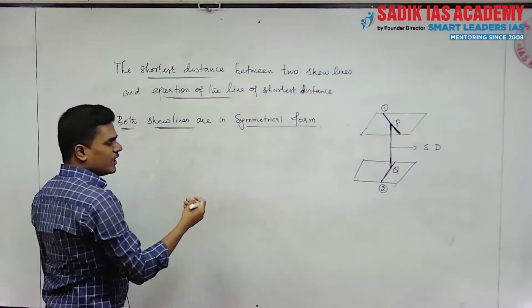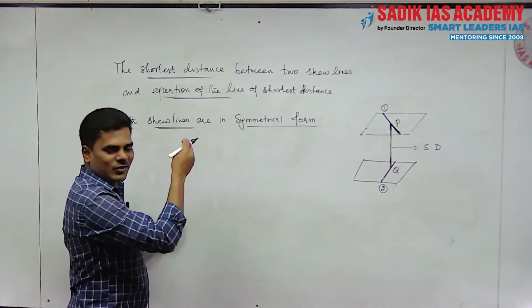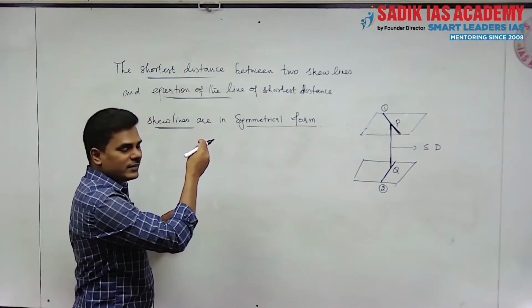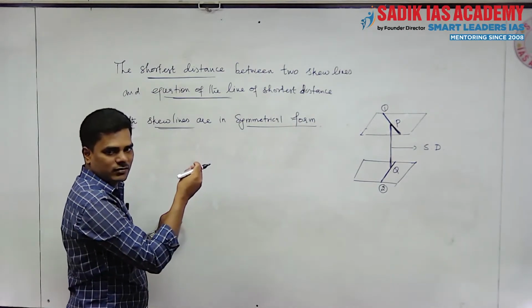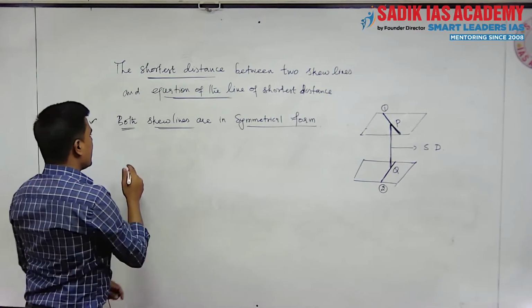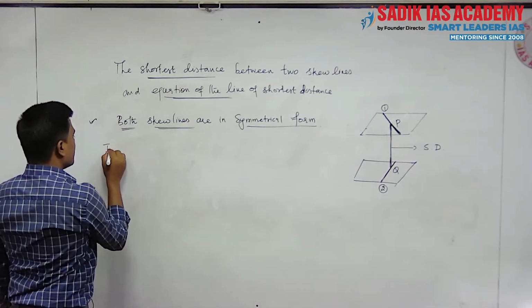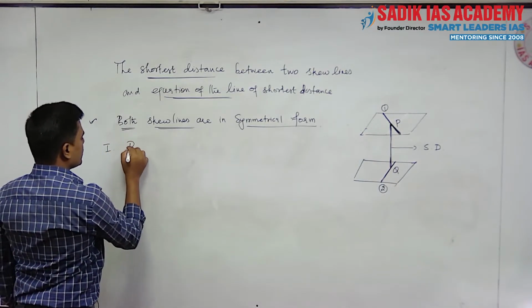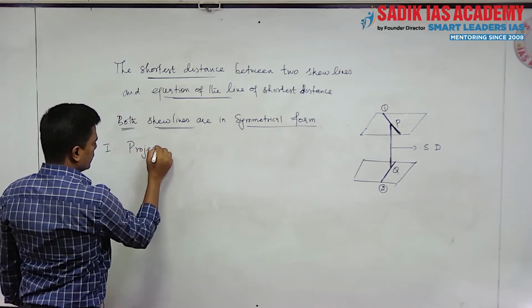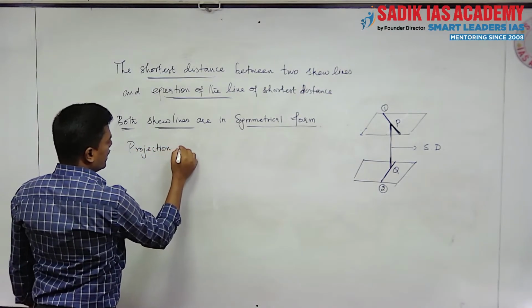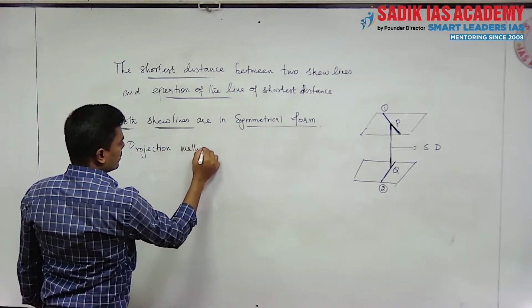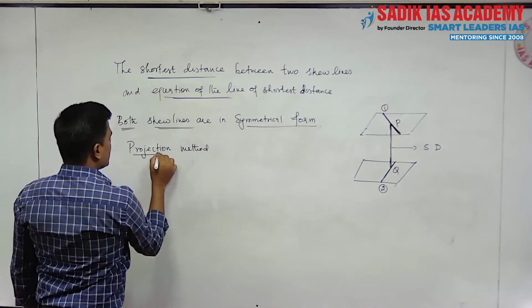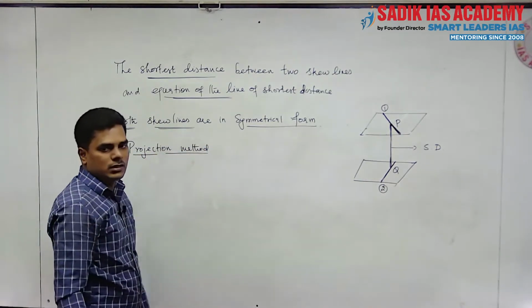In this we have 2 methods again. We are going to restrict ourselves only to the symmetrical form of a straight line. First method is the projection method. Either you can use the projection method or the general coordinates method. It is your wish.